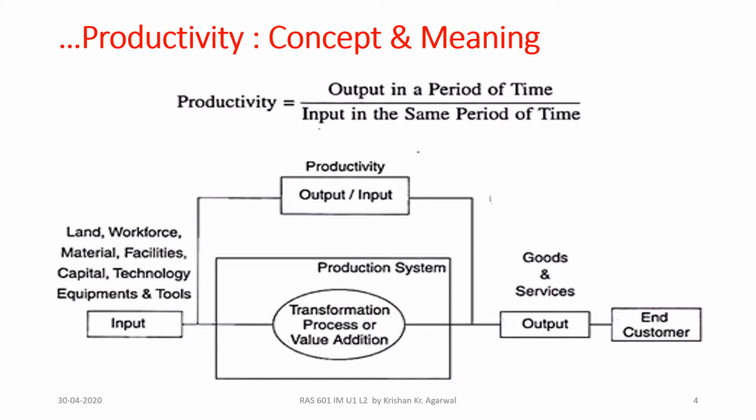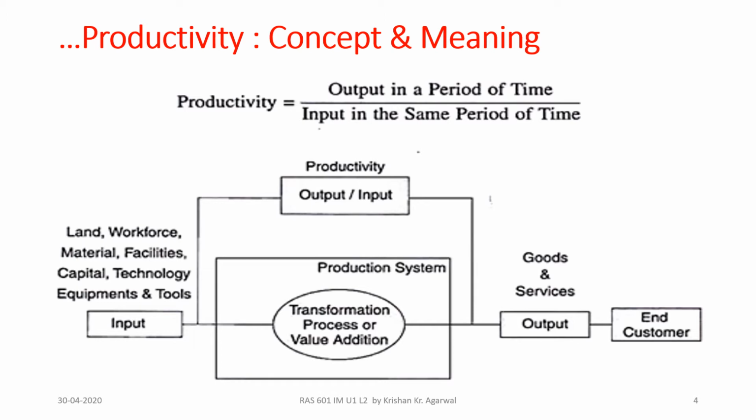When we talk about production, you can see in this figure, production is simply the transformation process, or a value added process which is used to add the value at each and every transformation phase.